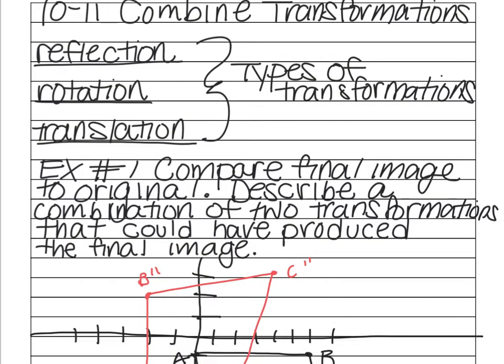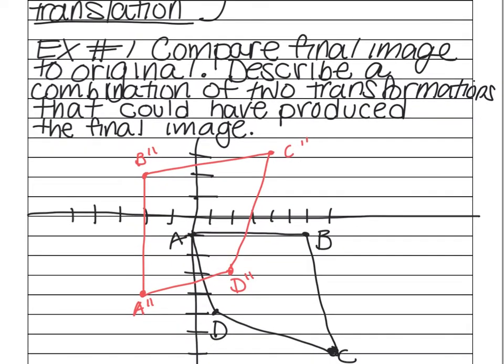So let's look here. We have our original image in black here. So right here is our original image, and I know it's my original one because I don't have any primes next to A, B, C, or D. But then when we look, we have an image here in red, which is our final image.